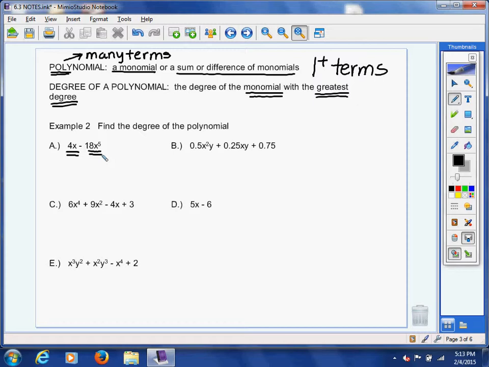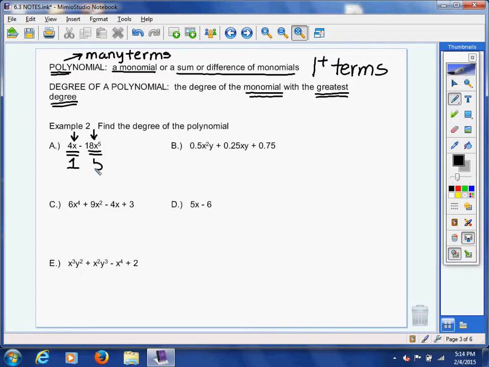All right, so let's just focus on this first one, 4x. How do you find the degree of a monomial, just a single term? Look at the variable. What's the exponent on that x? You're right, it's a 1. Now let's do the 18x to the 5th. Focus on the variable. What's the exponent on the variable?